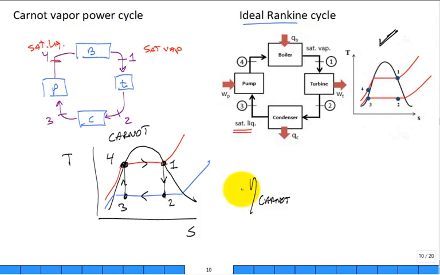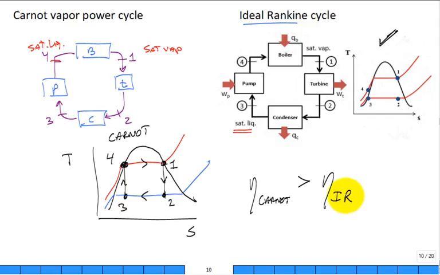So what goes out of the boiler into the steam turbine is the same in both cycles. And there are no irreversibilities in the turbines or in the pump, okay? But they're different in performance. You'll find that the thermal efficiency of the Carnot is better than the ideal Rankine thermal efficiency.